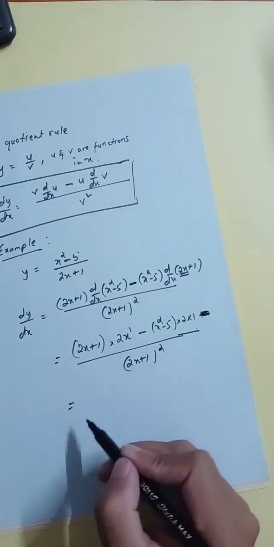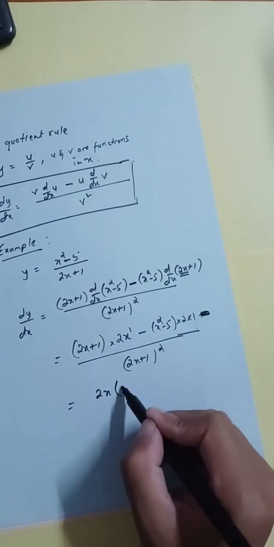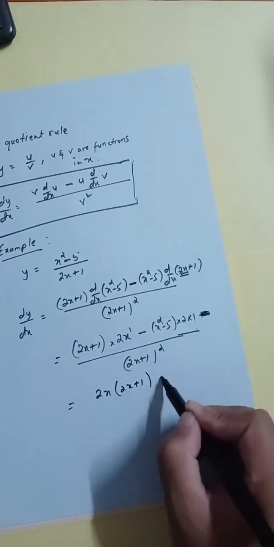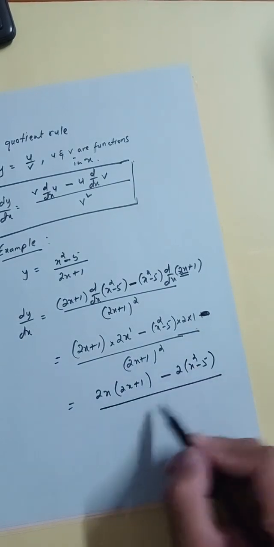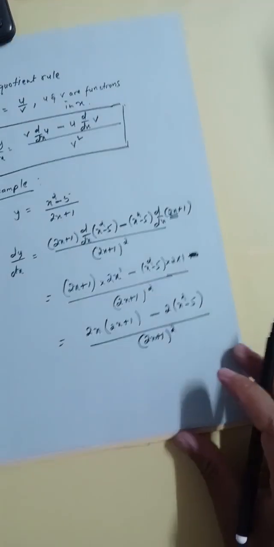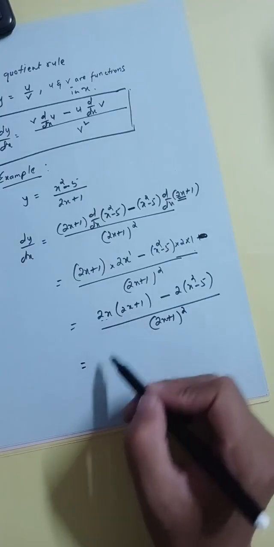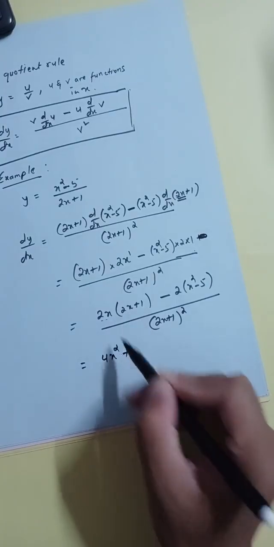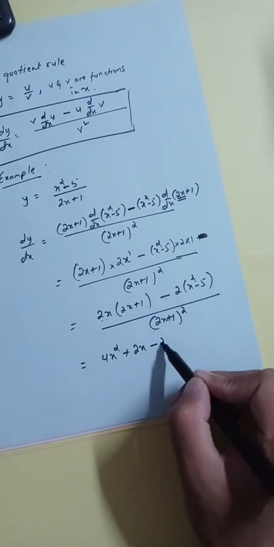Now simplify. So I have 2x, then I have 2x plus 1, minus 2 times 1 is 2, and I have x square minus 5, whole divided by 2x plus 1 whole square. Which is equal to, now multiply, 2 times 2x is 4x square plus 2x times 1 is 2x. Then minus 2 times x square is minus 2x square.